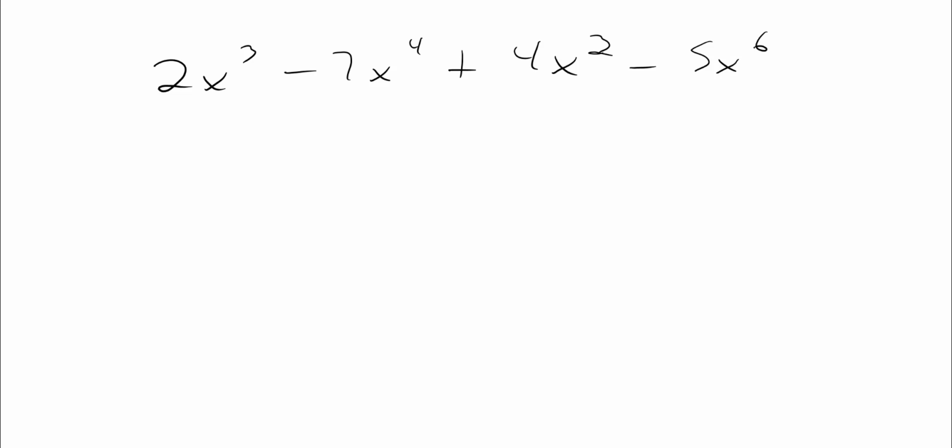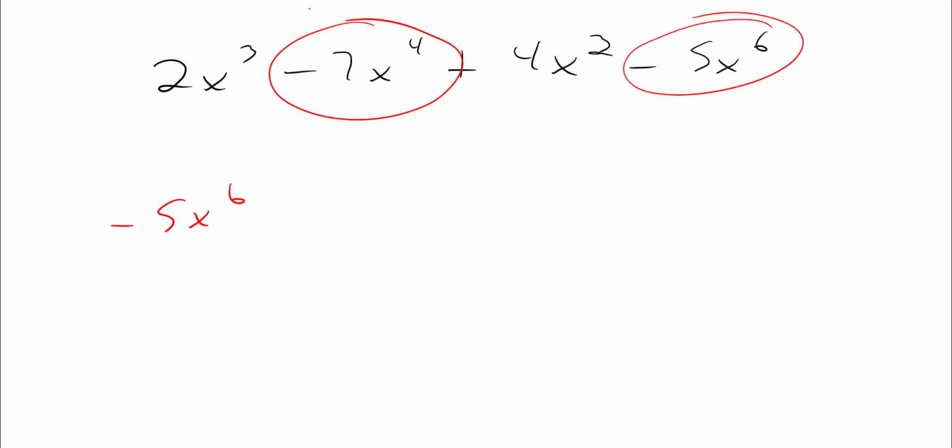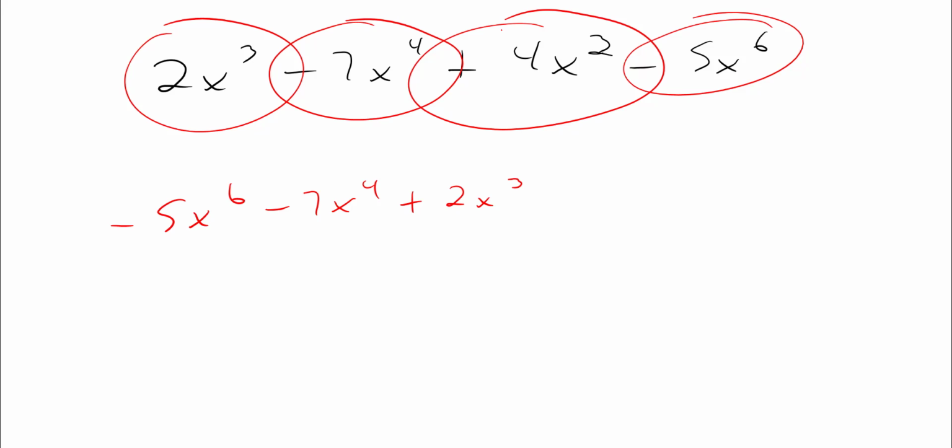Okay, if I asked you to put that in standard form, you look at your exponents and go, oh, okay, this goes first, so it's negative 5x to the 6th, the highest exponent, and then the next one. So then it's this guy. Don't forget the signs with it, right? So then it's going to be minus 7x to the 4th, and then this one plus 2x cubed, and then this one plus 4x squared. And that's in standard form. Okay? Highest degree to lowest.